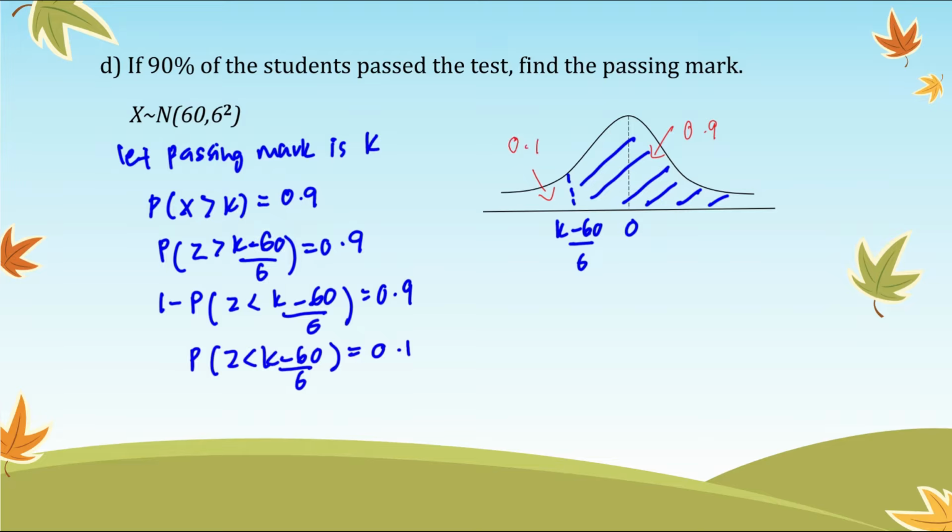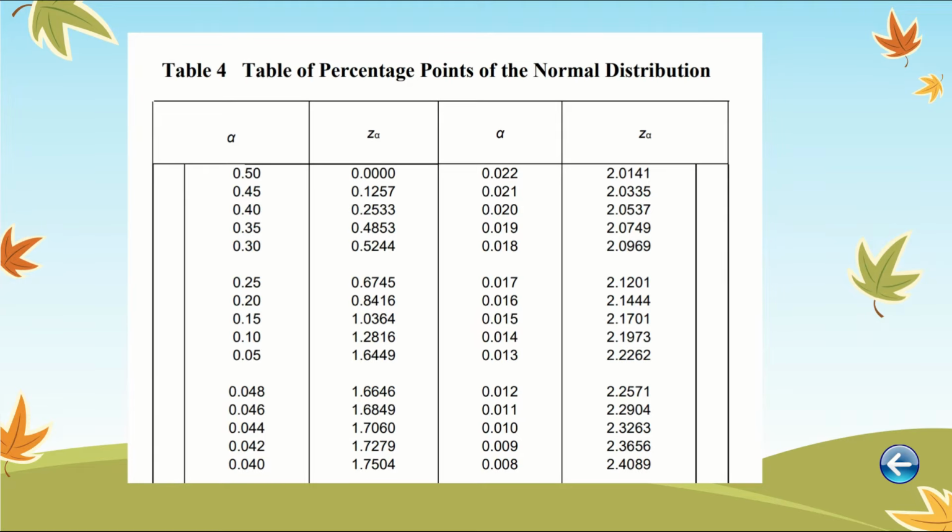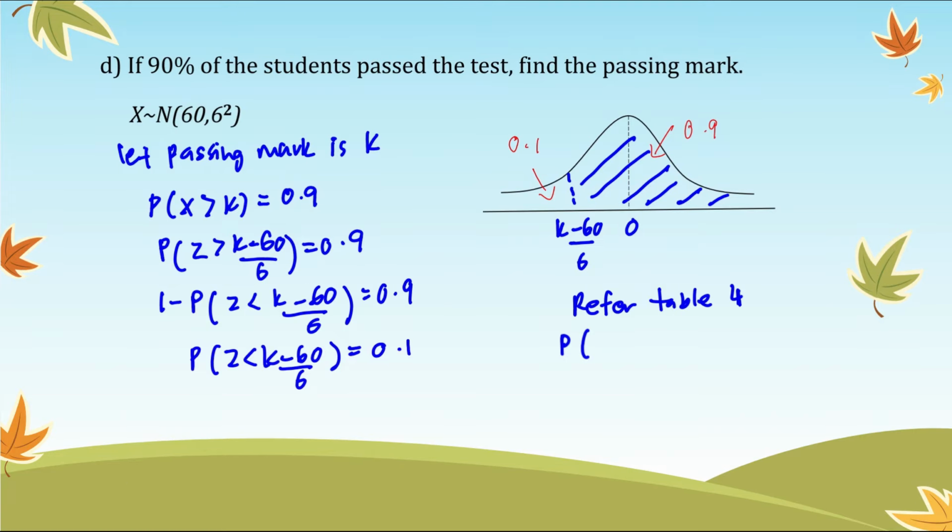We can refer to the table. For 0.1, the z-score is 1.2816. So P(Z < negative 1.2816) equals 0.1. We write negative in front because (K minus 60) over 6 is on the left side of 0.